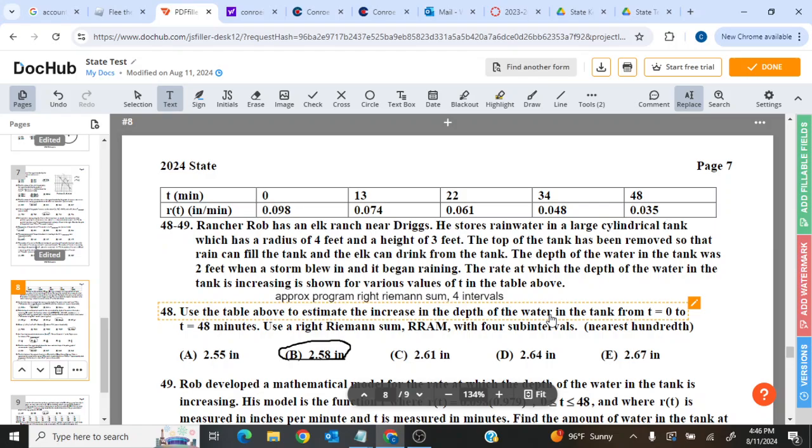Well, this is an approximation problem, so put the data into stat edit, put all the times in L1, all the rates in L2. Then go to approximate Riemann's table, and write right Riemann sum, because that's what it's asking for, with 4 intervals, and you'll get a value of 2.58.